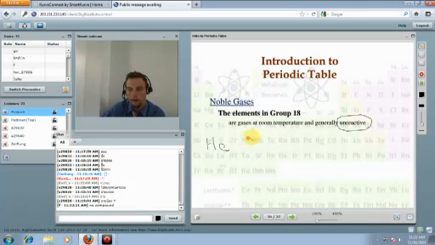They don't react with these other elements, and the reason is because they're very happy with the number of electrons they have. So helium has 2, and it really likes having 2. Fluorine, for example, wants to have another electron.